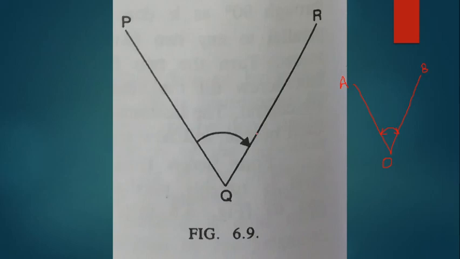So I should operate the lower clamp screw: release the lower clamp screw, turn the telescope towards P, and bisect P exactly again with the help of the lower clamp. You can tighten the lower clamp and then operate the lower tangent screw for exact bisection. Why the lower clamp screw and lower tangent screw? Because we don't want to change the reading. We want to keep the reading as it is for the first set.